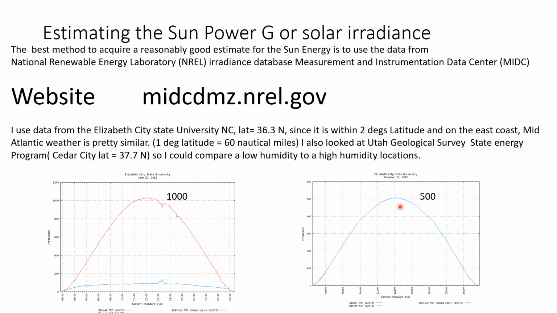For winter, the winter solstice, December 21st or so in the northern hemisphere, I'm only getting a peak value of 500, and I can't really tell where the direct energy line versus the indirect energy line occurs.